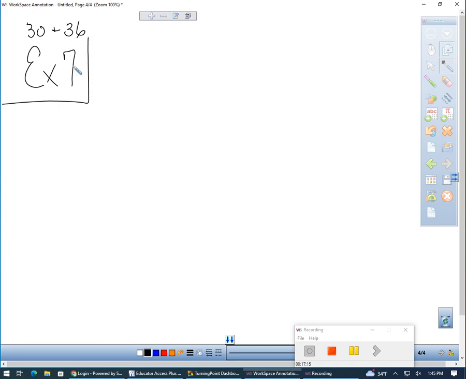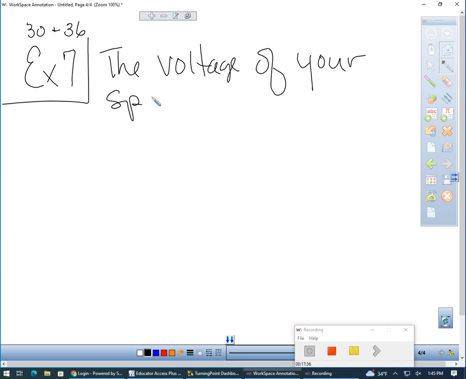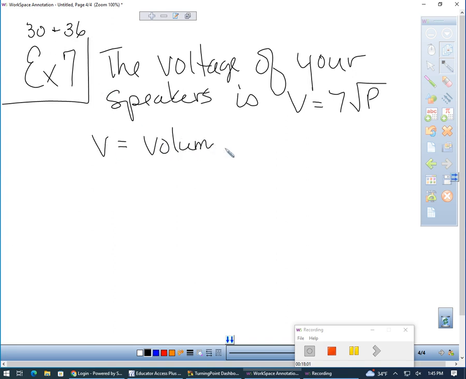So let's say that the voltage of your speakers is represented by V equals 7 square root P, where V is volume and P equals power.